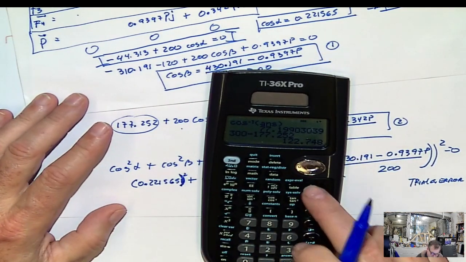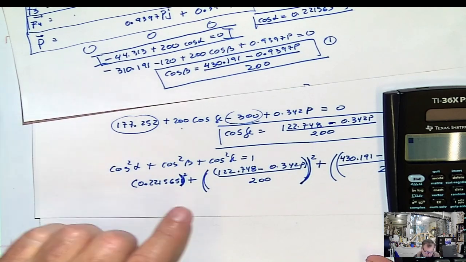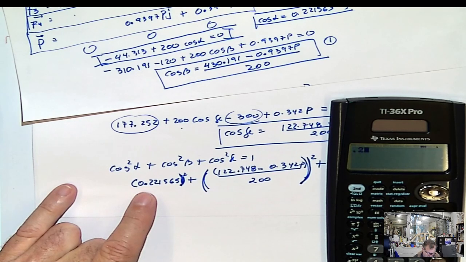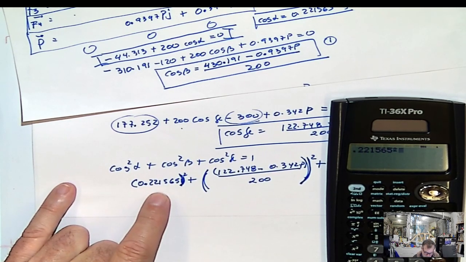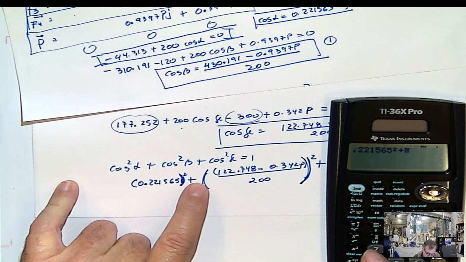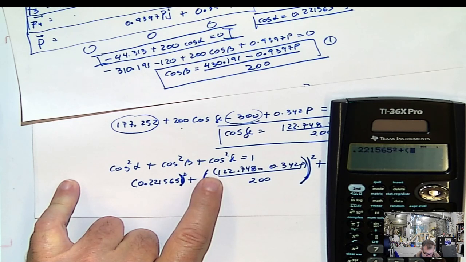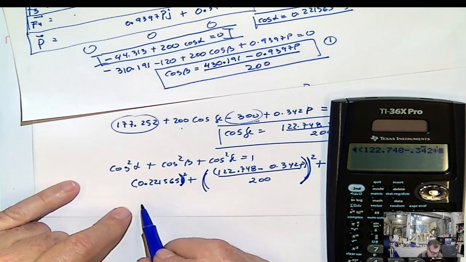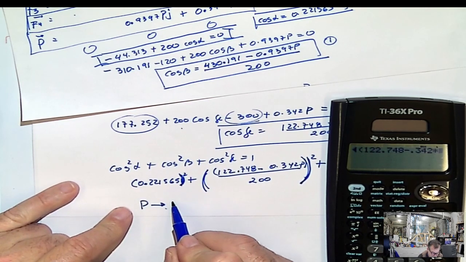And with trial and error, the only thing that you have to be really careful about is whenever you plug this into the calculator. So the first one is 0.221565 square plus parentheses, and then I'm going to put this other thing that we have here, which is 122.748 minus 0.342 times, I'm going to give an initial value for P of 500.